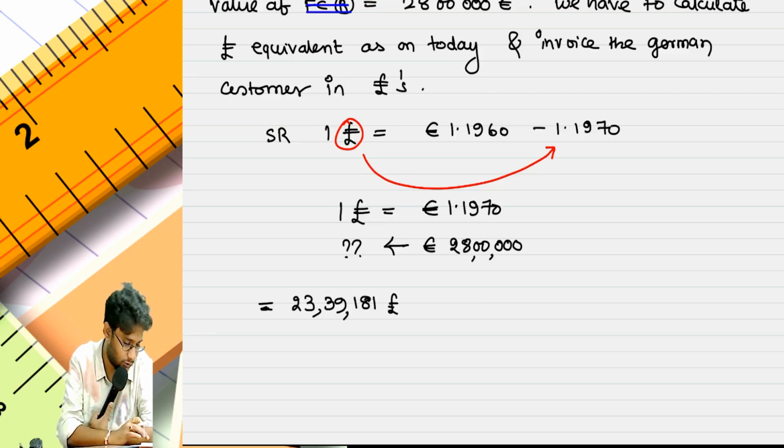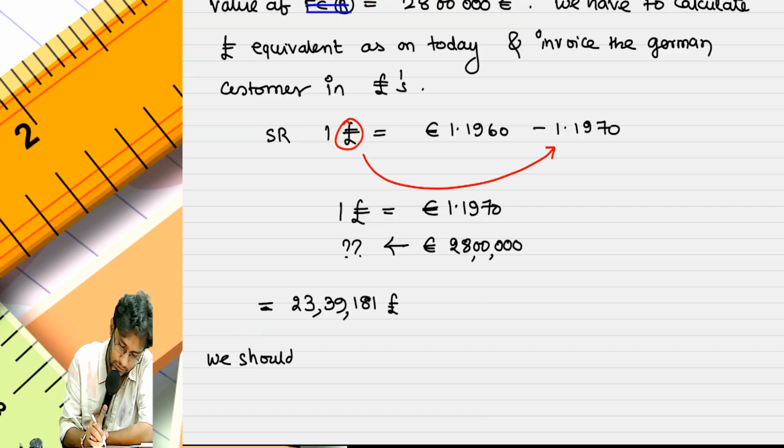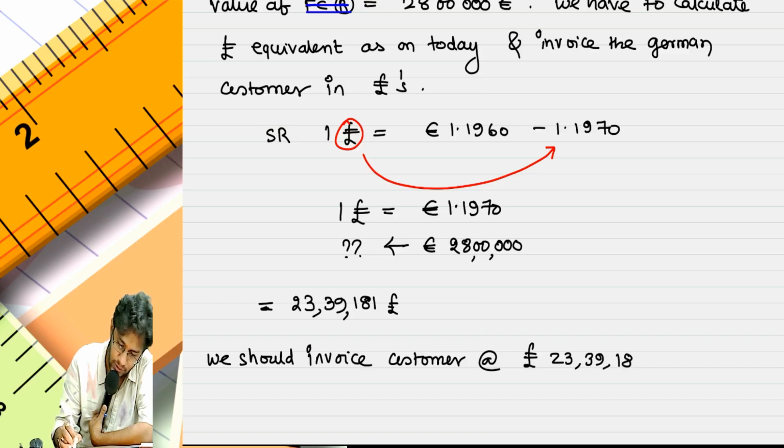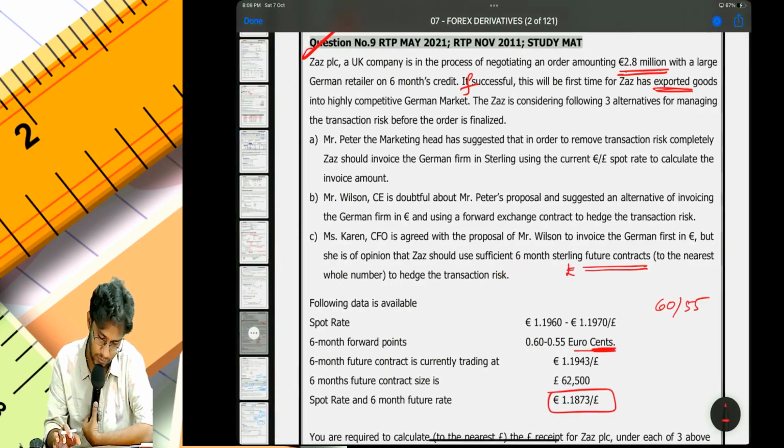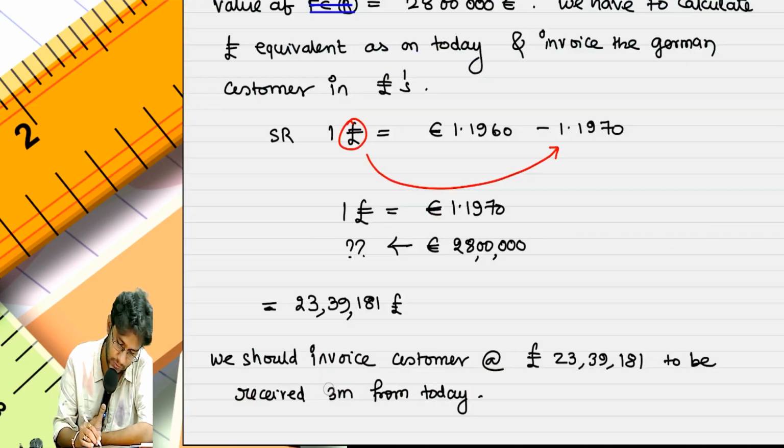So, right, we should invoice the customer at pound 23 lakhs 39,181, to be received 3 months from today. 3 months only, no? Yeah, that's what, 6 months.